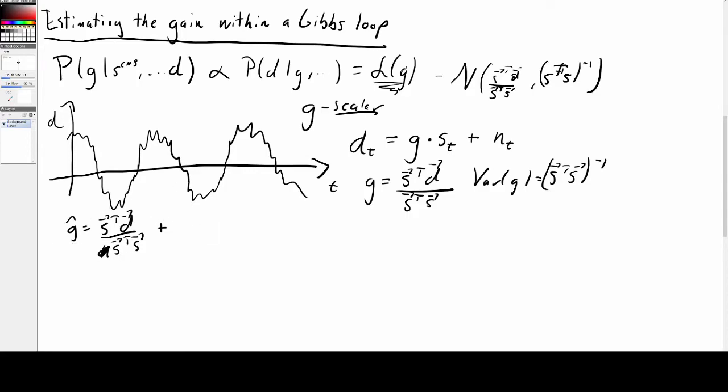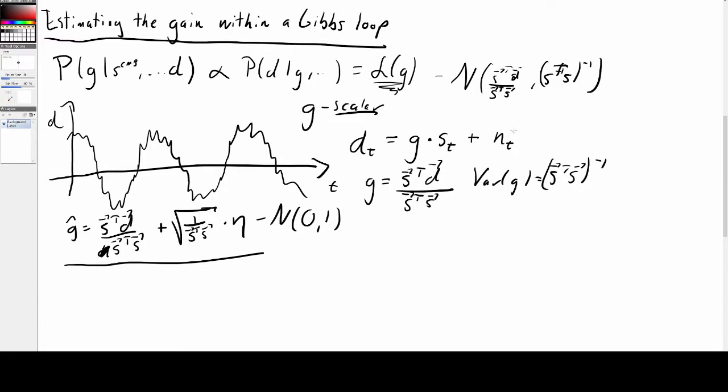This is how we draw from a univariate normal. And then we add the square root of the variance, so 1 over S squared, multiplied by this eta, which is a random number drawn from a normal distribution with unity variance, and this ensures that we get the correct mean and correct variance with our samples.